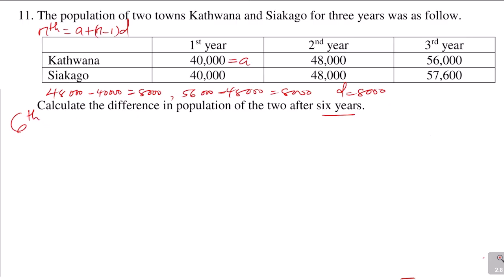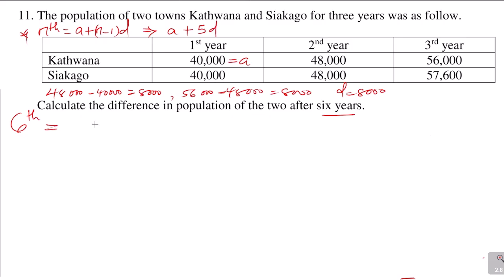So how do you get the 6th term of an arithmetic progression? You just use this expression for the nth term. If it is 6 years, n will be 6. So this will give a plus, substituting n with 6 because you want the population after 6 years, 6 subtract 1, so that will be 5d.